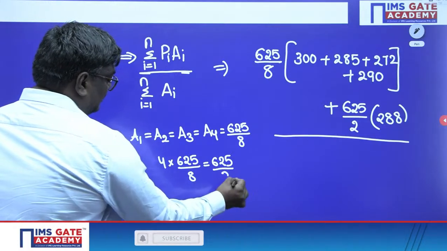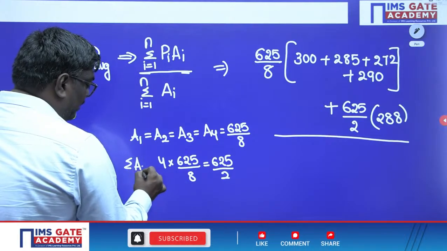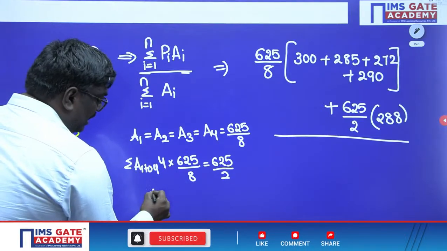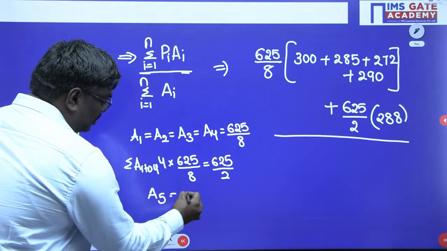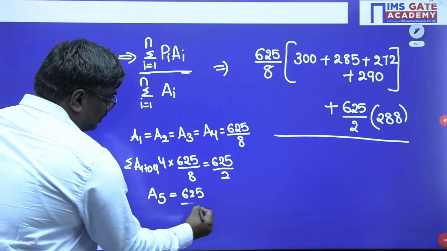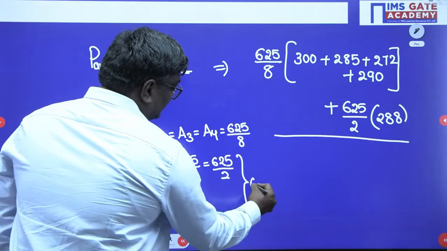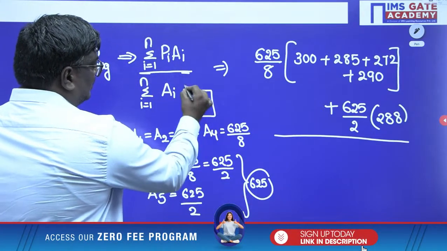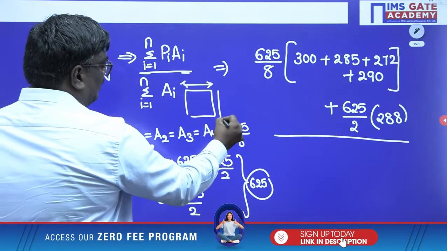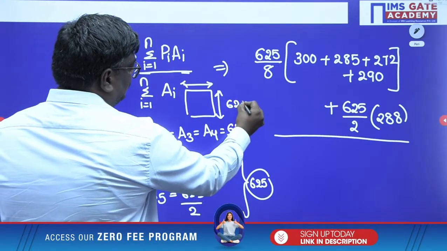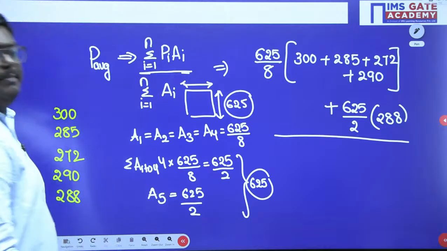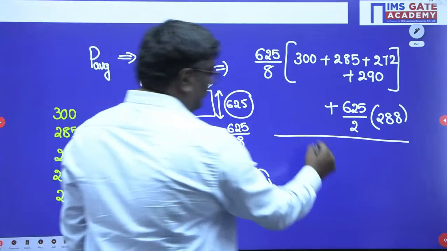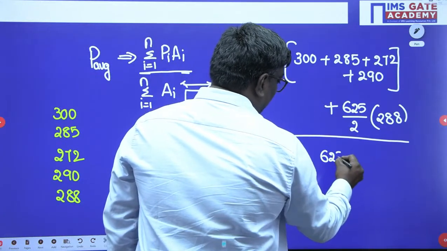This is the summation of A1 to A4. And A5 is how much, sir? A5 is also 625 by 2. So if you add these two, you will get 625. Or directly you can take the area of the square, that is 25 into 25, it is directly taken as 625. Just for an explanation I am trying to say here, sir. So here this is divided by 625.